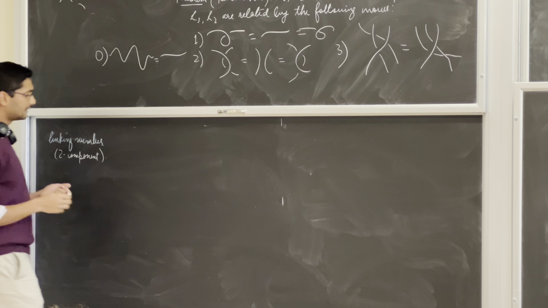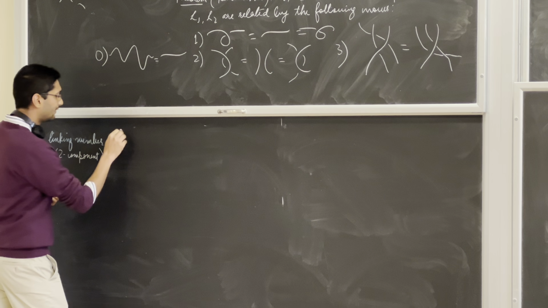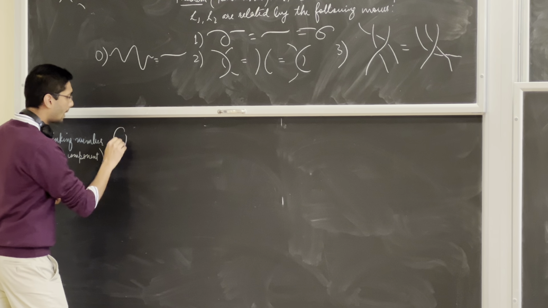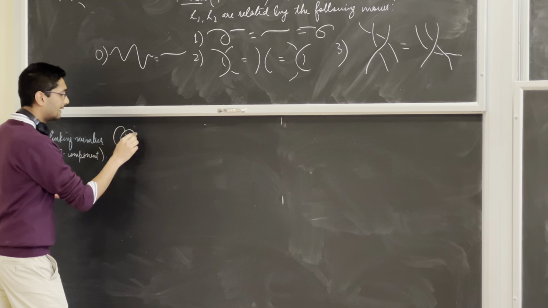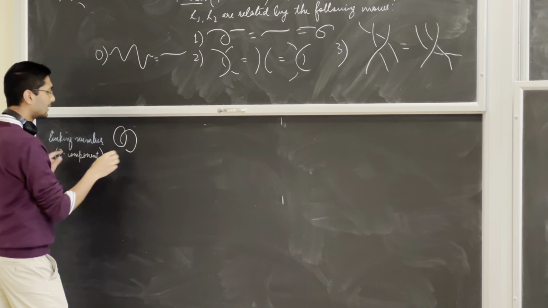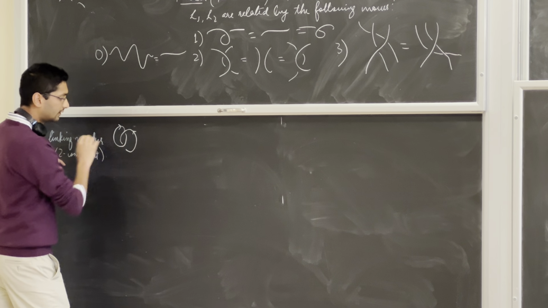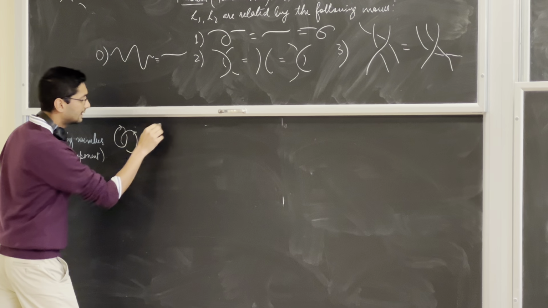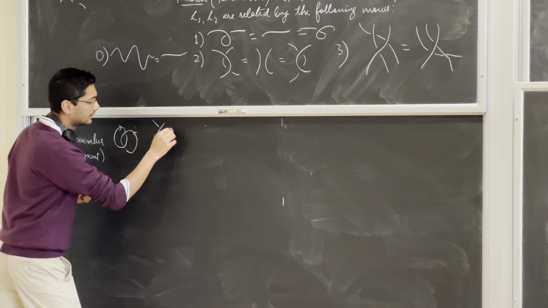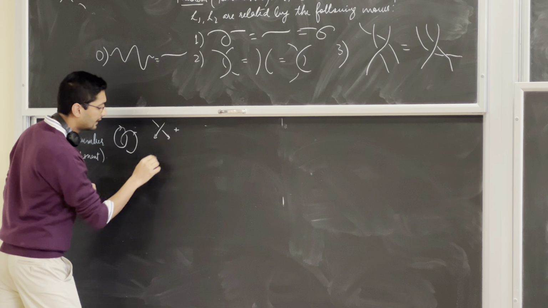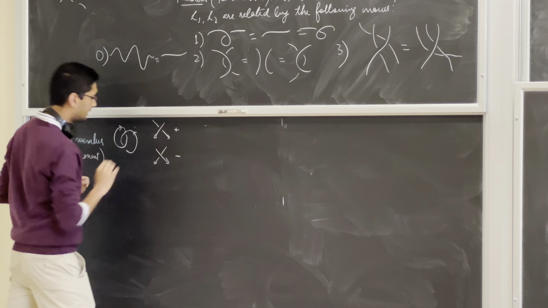So to define this, one needs to assign an orientation on links. So for example, if I have the Hopf link, to define this linking number unambiguously, I would like to have an orientation, and I would assign signs to crossings. So this is a positive crossing, and this would be a negative crossing.